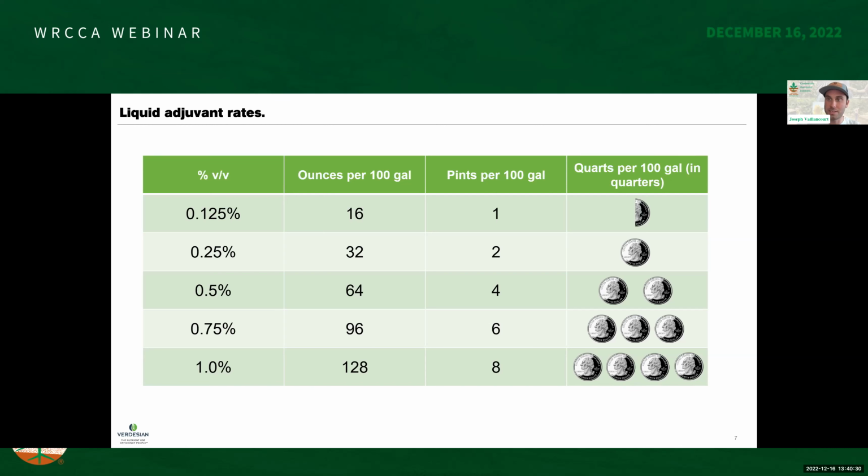Your oil-based systems to line up with herbicide and systemic herbicides are usually in a pint or quart per acre rate structure, but your surfactant systems and water conditioners will mostly be like this, that are liquid.